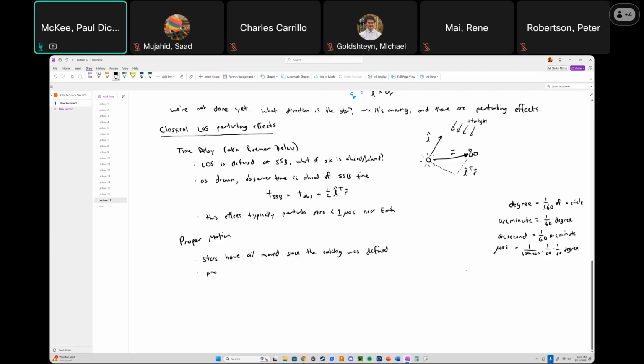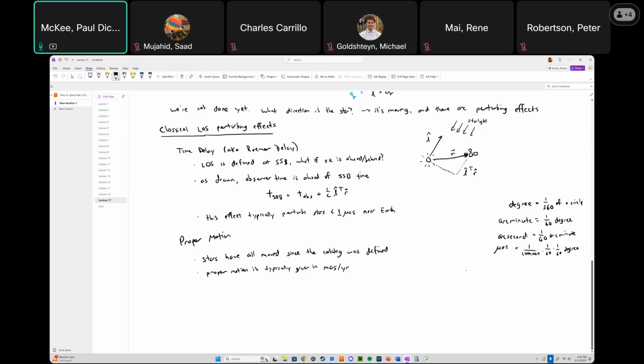Proper motion is typically given in milli-arc seconds per year. So the idea is if the catalog was defined 10 years ago and we have 2 milli-arc seconds per year, then the thing has moved 20 milli-arc seconds since the catalog was defined.